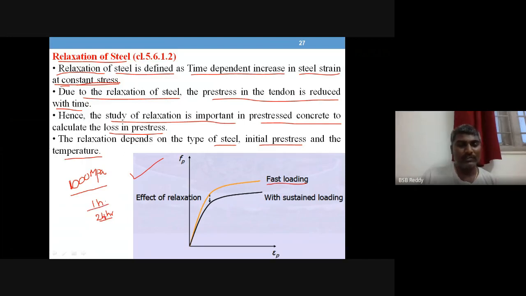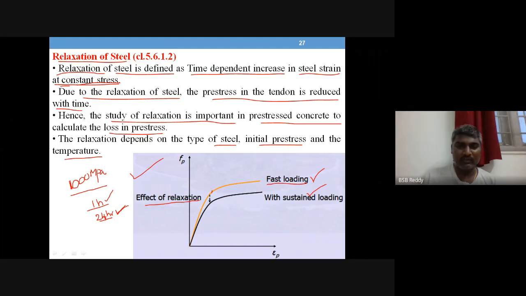So this is the difference. This is a quick loading, whereas this one is sustained loading, a very slow way of applying the load, the rate of loading in fact. So fast rate of loading or slow rate of loading also affects relaxation.